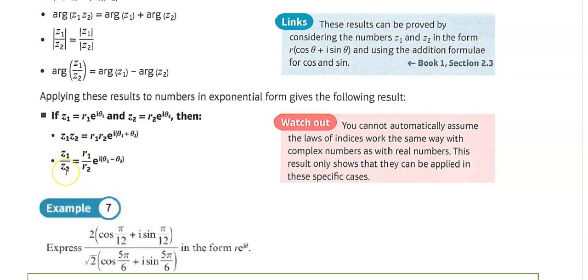Likewise, z1 divided by z2 is r1 divided by r2, and the argument is theta 1 minus theta 2.